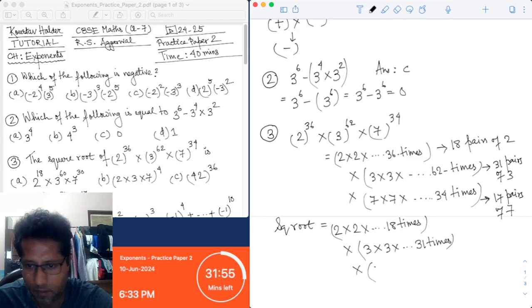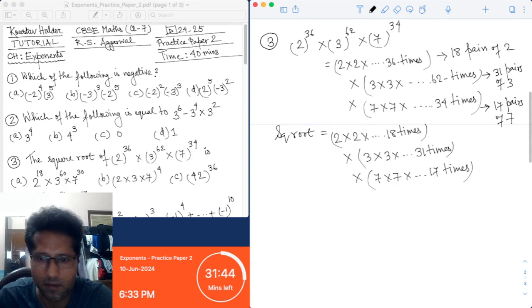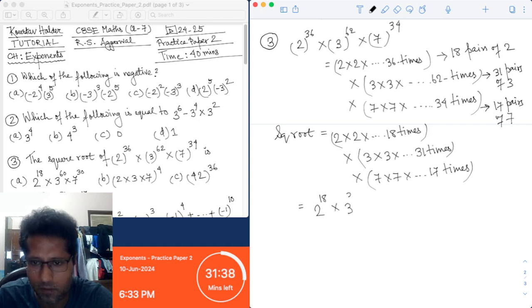Similarly, we will have 7 into 7 like this 17 times. So the square root is 2 to the power 18 multiplied by 3 to the power 31 multiplied by 7 to the power 17. So the answer is choice D.